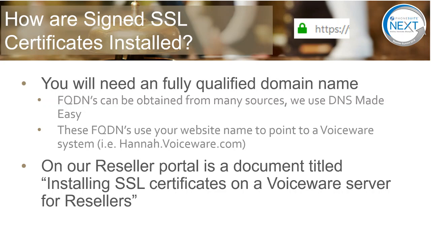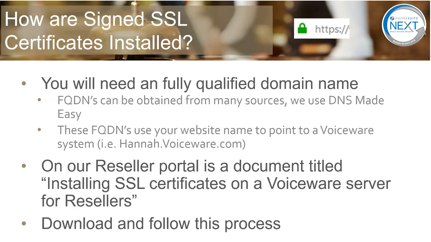Once you have this, once you have a hannah.voiceware.com or a marshaCode.yourname.com, once you have that information, then you can go and download the document called Installing SSL Certificates on a Voiceware Server for Resellers. It's a document that's available on our reseller portal, and this document will walk you through everything you need to do in order to install this certificate. You'll just have to download the document and follow the process on how to set it up.